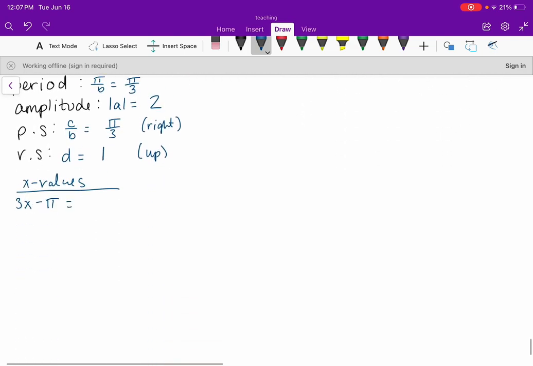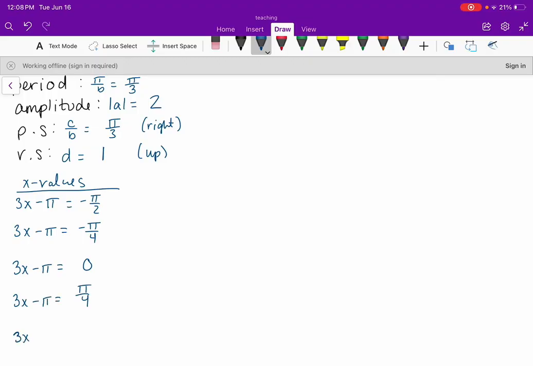So let's do equal to negative pi over 2, equal to negative pi over 4, equal to 0, equal to pi over 4, and equal to pi over 2.